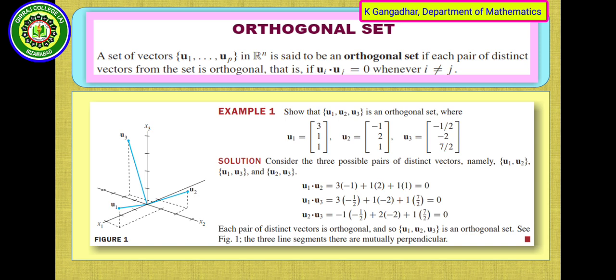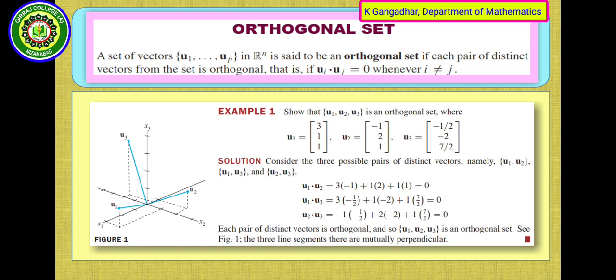In a set, if each pair of distinct vectors has inner product 0, then that set is called an orthogonal set. A set of vectors u1, u2, up to up in R to the power n is said to be an orthogonal set if each pair of distinct vectors from the set is orthogonal.